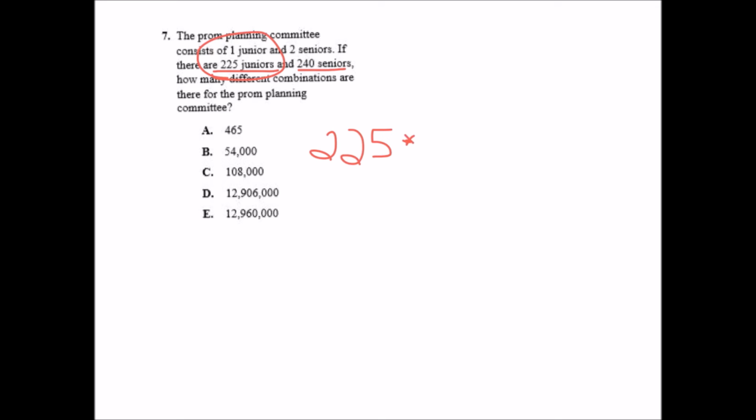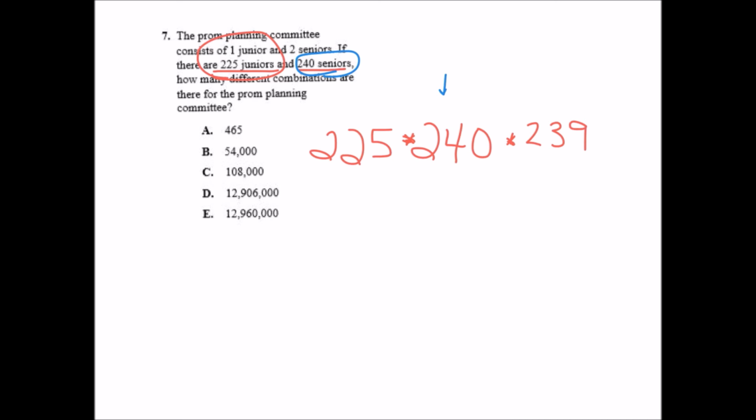You're going to multiply that by the first senior that gets picked. There's 240 different options for the first senior that gets picked. So 225 times 240. But you're picking 2 seniors. So when you go to pick the second senior, there are not 240 options left, because one of those seniors was taken up here. And so what's left is 239.